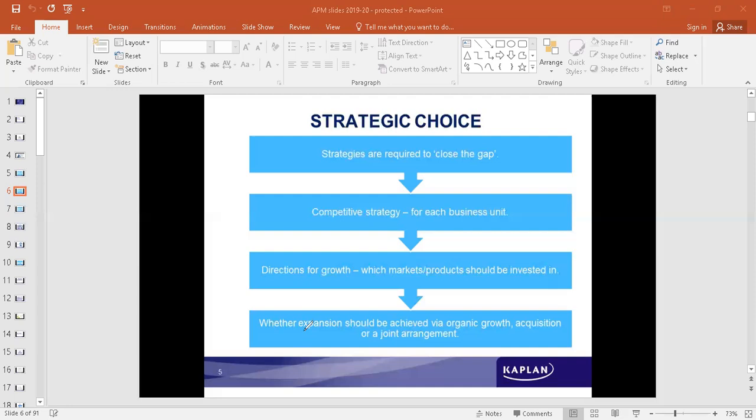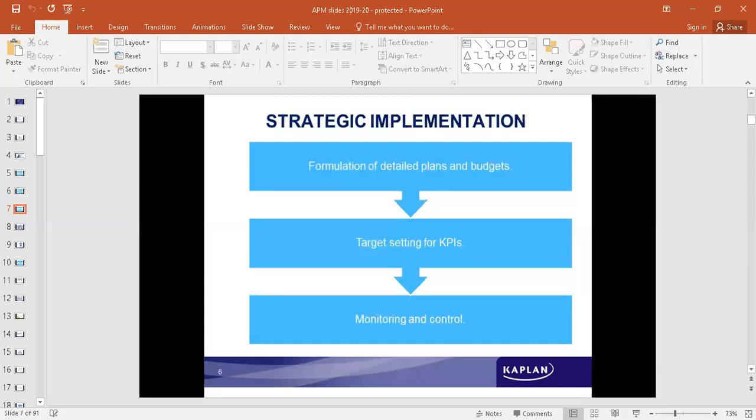Whether growth should be organic, which is on an incremental basis, or they go in for joining with other business partners, joint venture, or acquisitions, taking over another business, etc. So when they take up these strategic choices that are available, it then becomes possible for them to close the gap that exists between the desired performance and the expected performance.